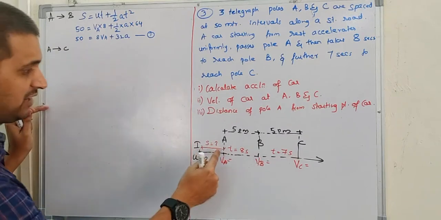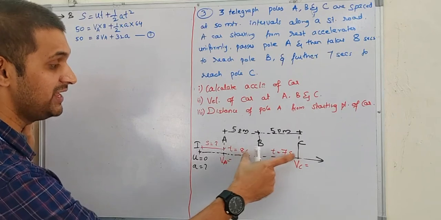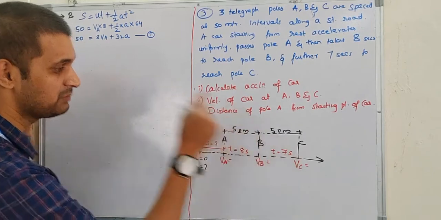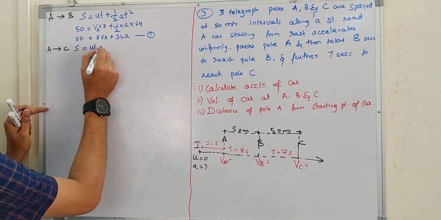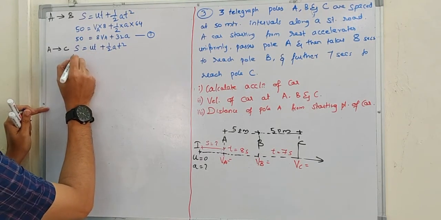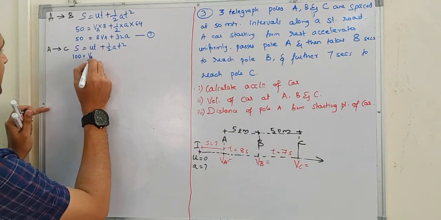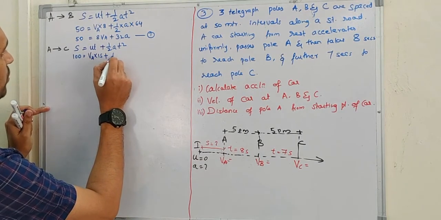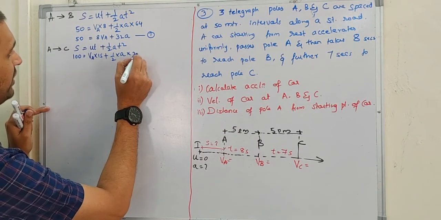When we consider from A to C, the total distance is 100 meters and the time taken is 15 seconds. Here, VA becomes the initial velocity and VC the final velocity. Again we use the same expression, s = ut + 1/2 at². From A to C the displacement is 100 = VA into 15 seconds, plus 1/2 a into 15 squared, which is 225.